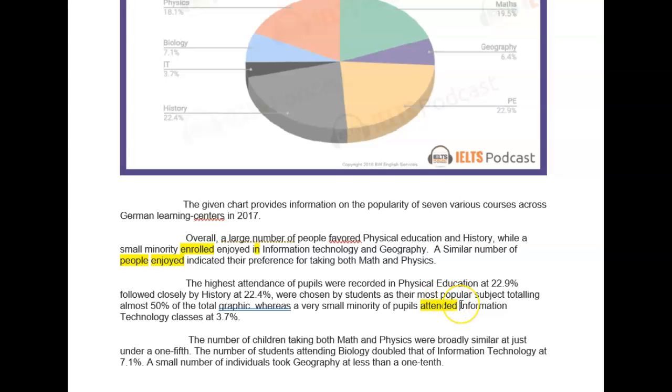Whereas a minority reported or voted for, maybe. Voted for IT classes at 3.7. Okay, so I'm trying to add in words here as well. The number of children taking both maths and physics were broadly similar, just under a fifth. Okay, so connect this to something else, just under 1/5 each.